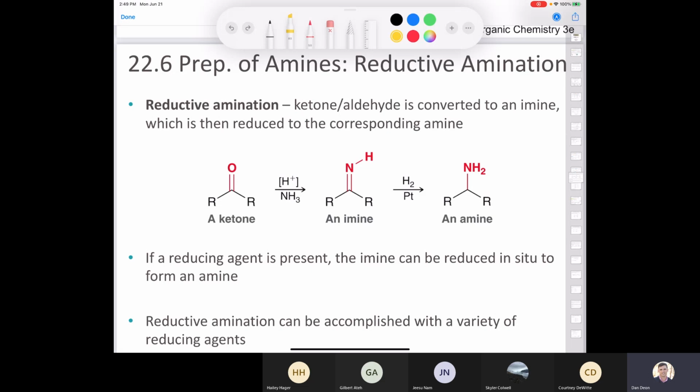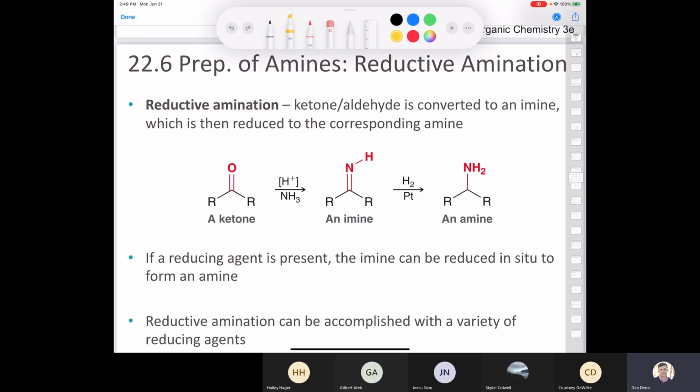And so to reduce that, you can use a reducing agent like hydrogenation conditions, just hydrogen and palladium, platinum, or nickel, and you can make a primary amine, as is shown here. But it says that if the reducing agent is present, the imine can be reduced in situ to form an amine.